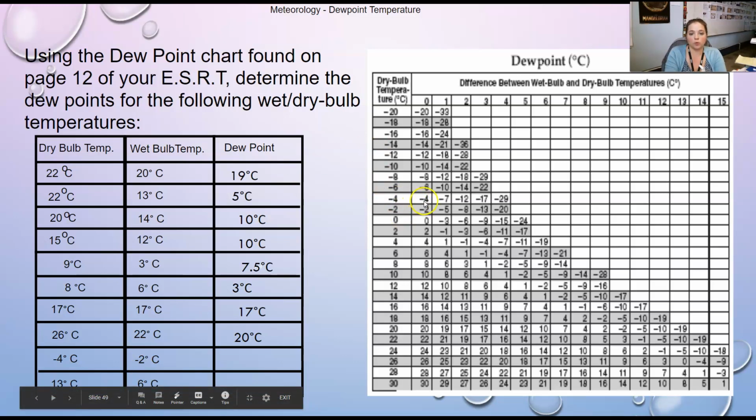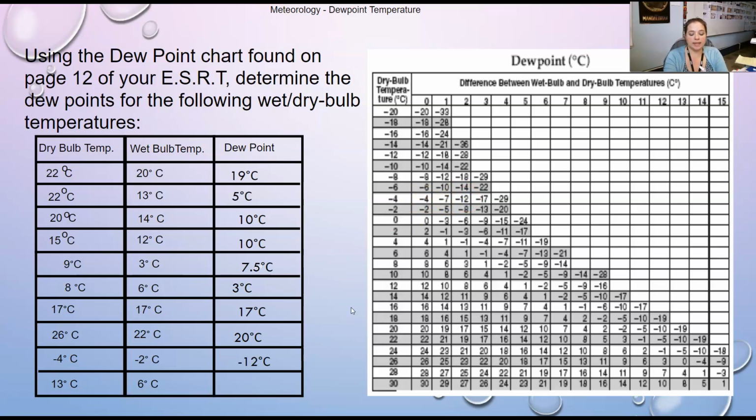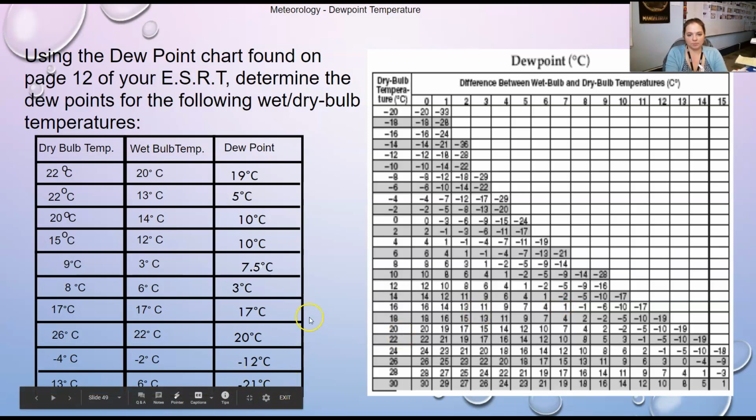So -4 over 0, 1, 2, -12 is my answer. 13 and 6, difference of 7. So 13, 0, 1, 2, 3, 4, 5, 6, 7. The answer should be 0, and I have a feeling I put an outrageous number. Yeah, definitely did. So that should be 0.